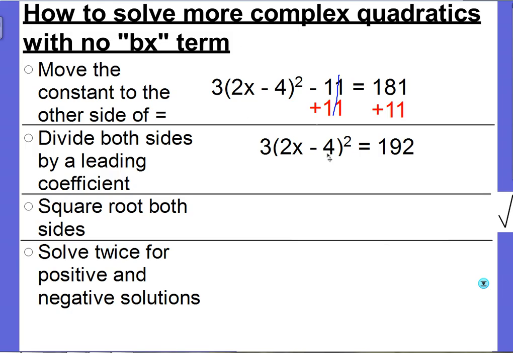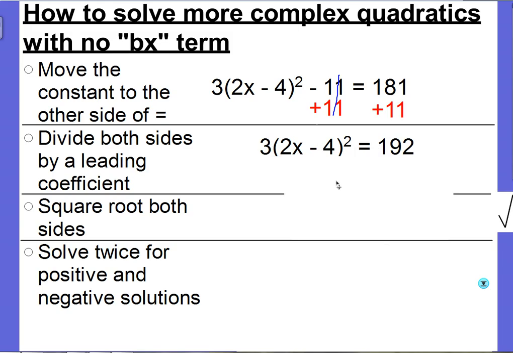And my net, I'll bring everything else down. All of this comes down. 181 plus 11 is 192. So my next step says divide both sides by the leading coefficient. It's terribly tempting to distribute right here, but I can't distribute because that's multiplication before I square. So even in order of operations, that's wrong. But I'm not doing either one of those things because I'm working backwards.